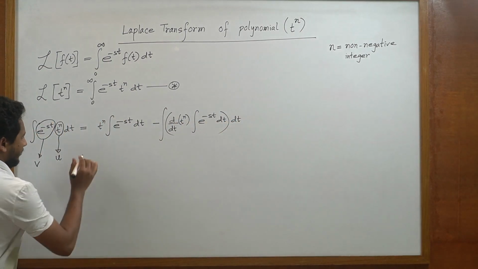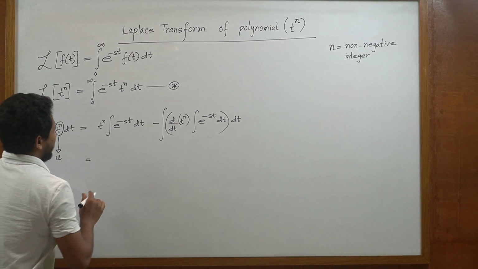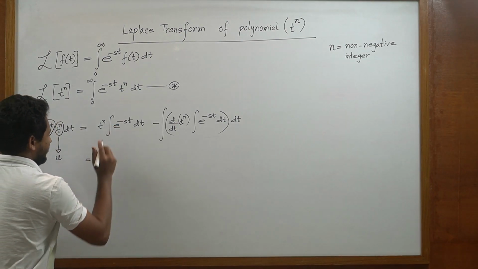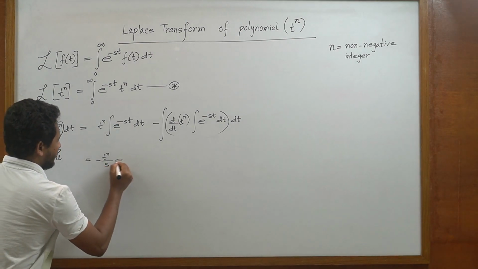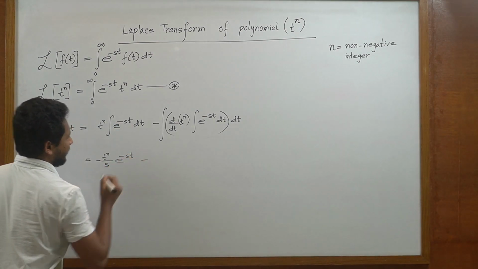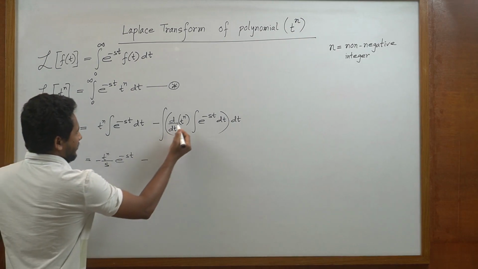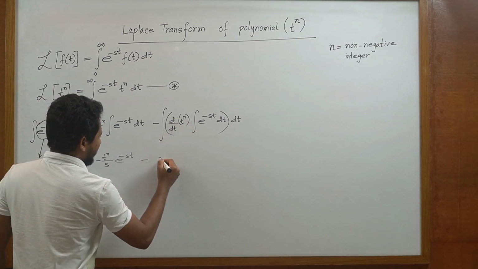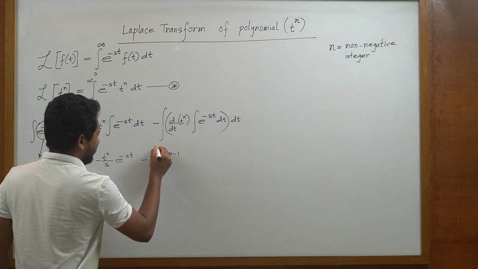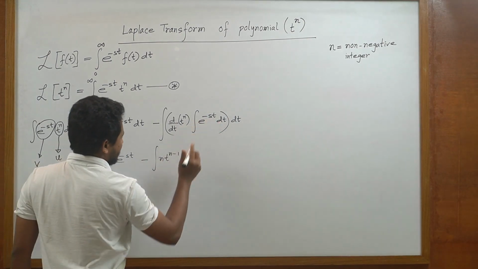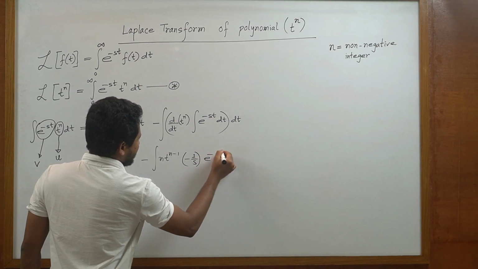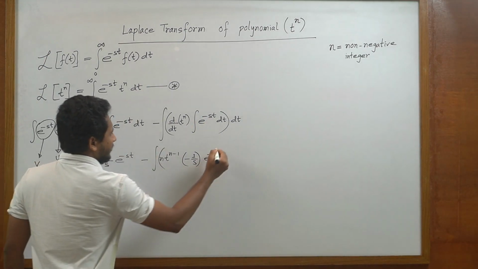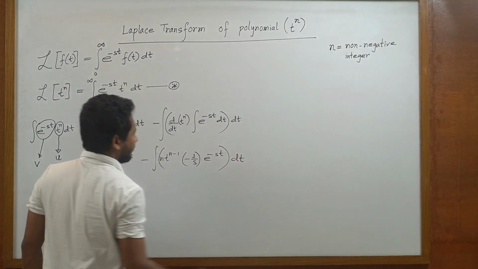Now, integrating e to the power minus st, we get minus 1 by s e to the power minus st. Minus, this derivative is n t to the power n minus 1 and this integral is minus 1 by s e to the power minus st, and then the whole integral.